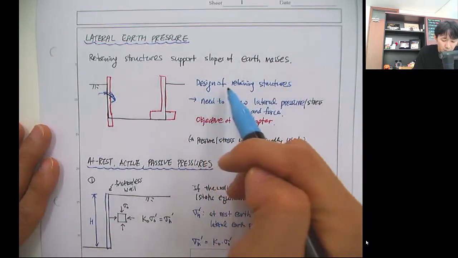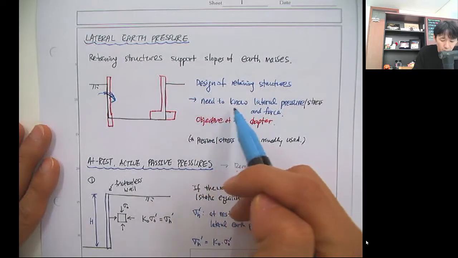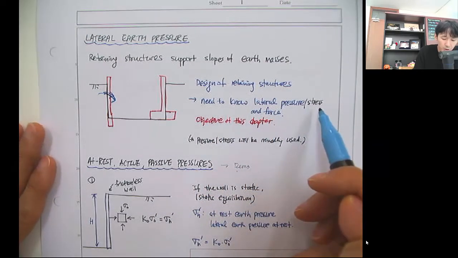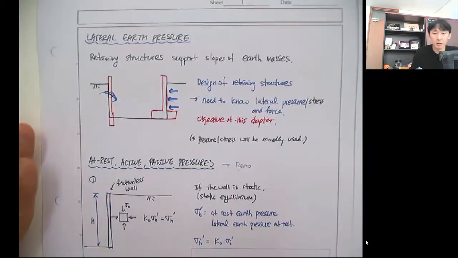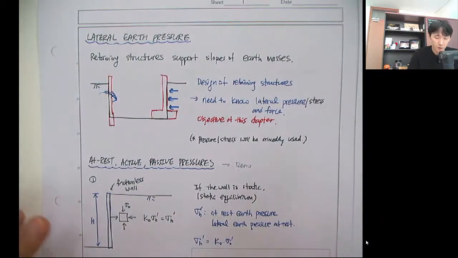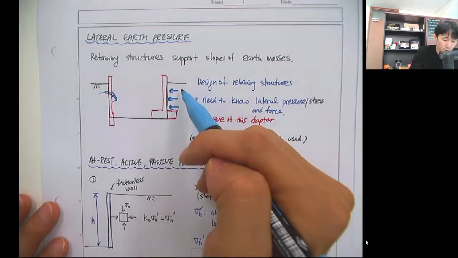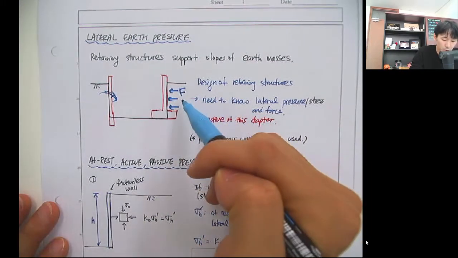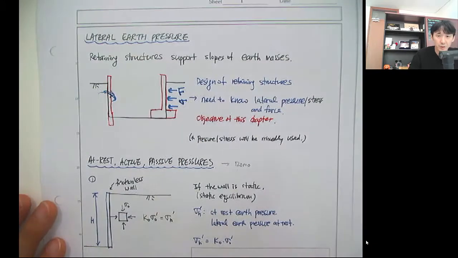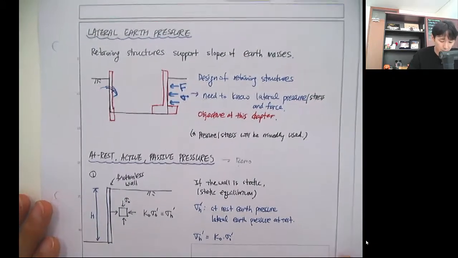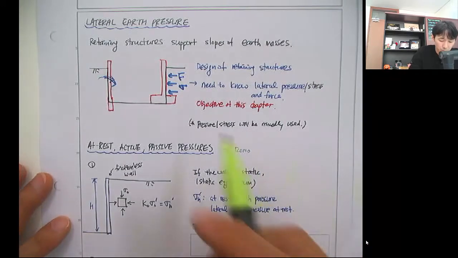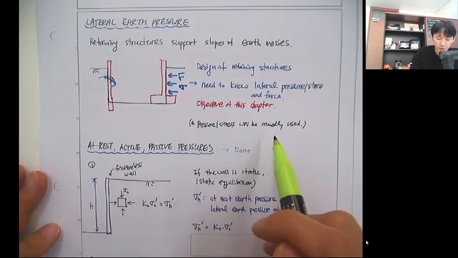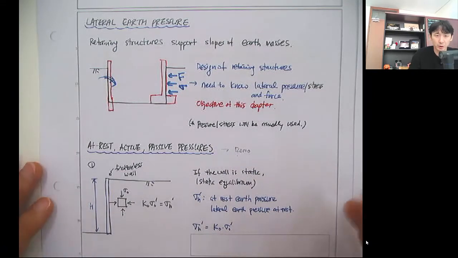To design this retaining structure, we need to know the lateral pressure and stress acting on this wall. So the objective of this lecture is to calculate the force or the stress acting on it. Just note that pressure and stress will be used interchangeably in this lecture.